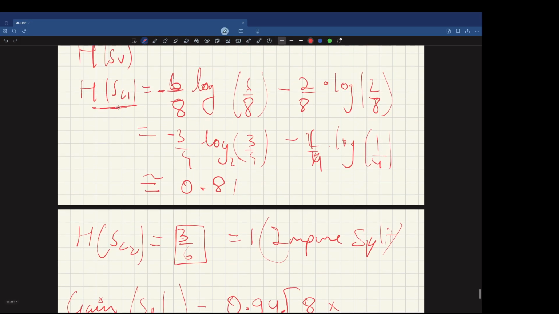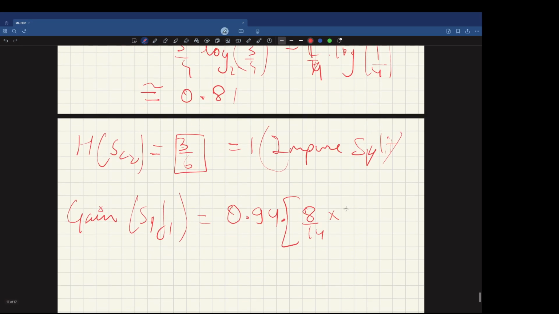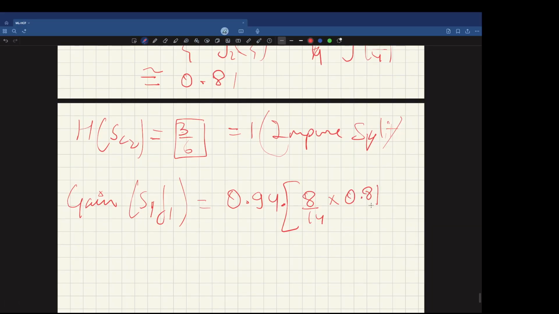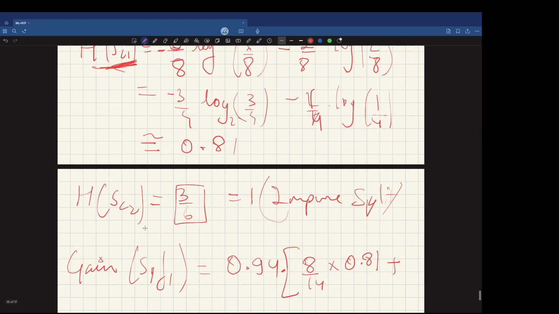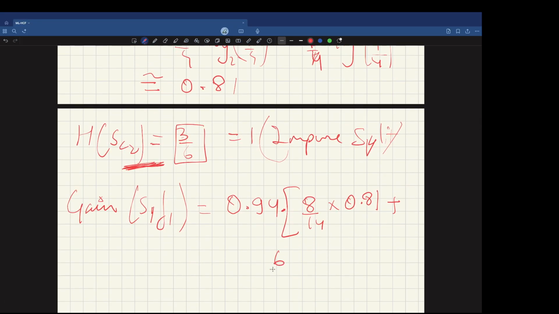How much did we get for the entropy value of this category? 0.81, multiplied by 0.81. Okay, plus, because summation was there. What is the sample value of this one? 6 by 14, right? Multiplied by what is the entropy we got? 1, because it was an impure split. So this is the case. Are you guys clear why I have written it this way?